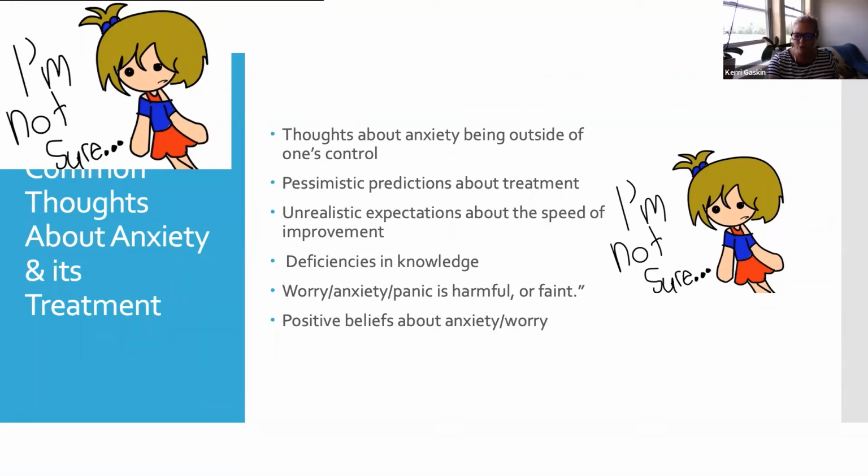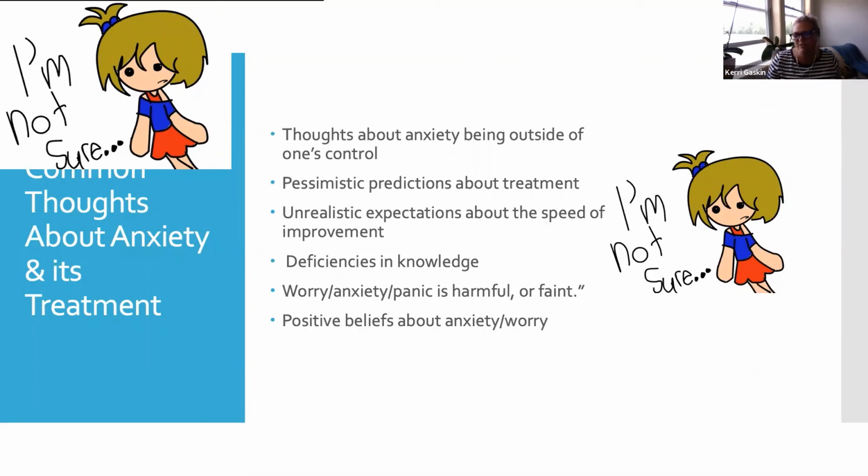We may have what we call positive beliefs about our anxiety or worry. That means, like, if I worry about something, it's going to be helpful. So to go to your question, LGG7, that is, anxiety helps me. If I don't worry about something, I'm not prepared. If I don't prepare, I'm not going to perform as well. I won't perform as well, I'll fail, and so on.